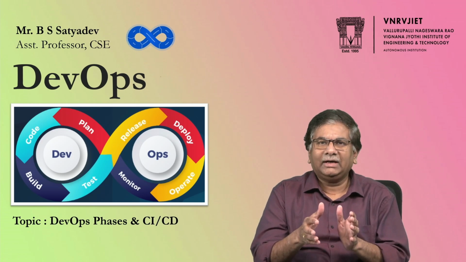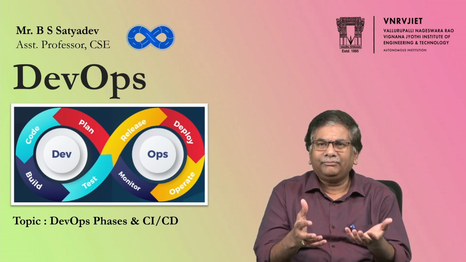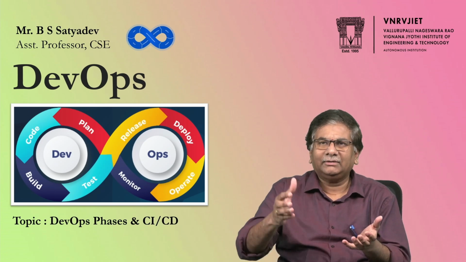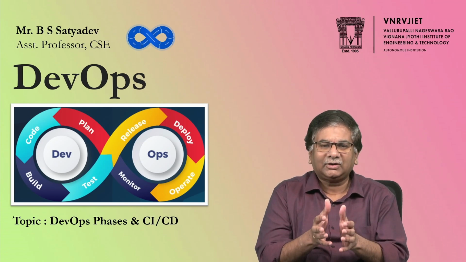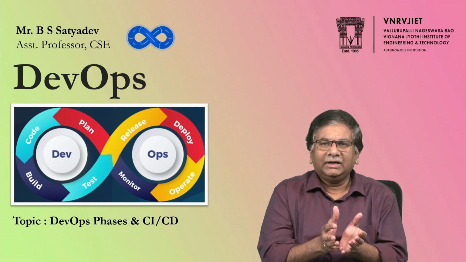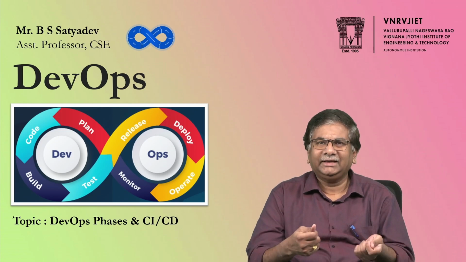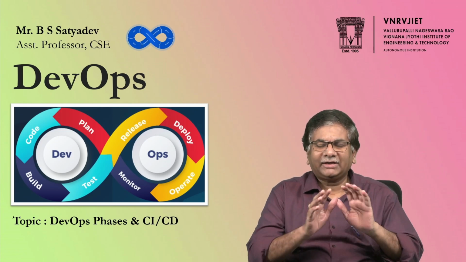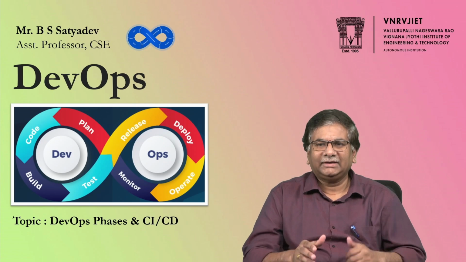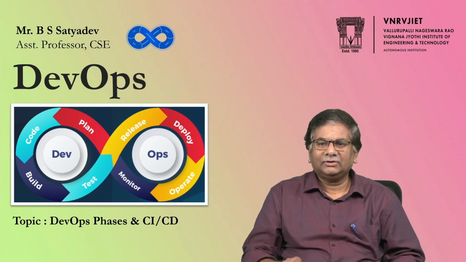But how would things actually happen when Agile and DevOps are linked together, how would things work together, and what is CI, what is CD? We are going to have an understanding of those things in this presentation. So let's go to the next slide.